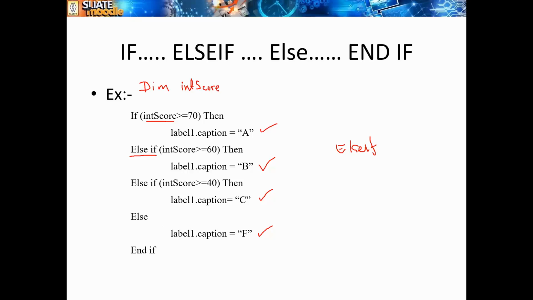So you are going to dim or create a variable named int score, and here you have to give the data type integer, right? And thereafter you should give a value, right? Why? Because without giving a value you can't compare that with these numbers, right? So therefore here you have to give a value, int score equal, let's give something like 50 for now, right? Let's change the value and see what will print for each and every number.